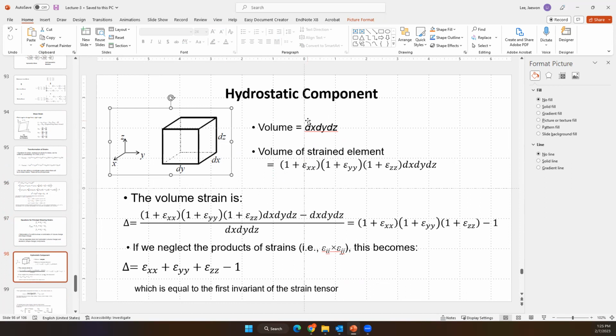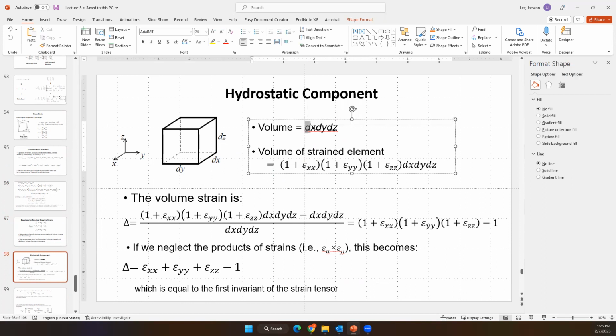At that time, the volume is directly calculated by dx, dy, dz. And then the volume of the strained element, the deformed cube, we can calculate by these relations based on the definition. Do you understand?